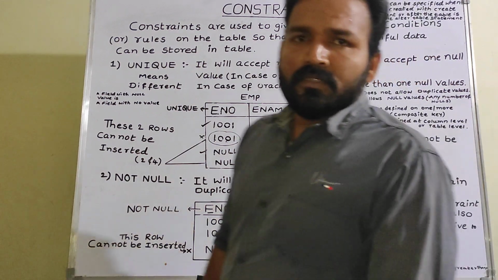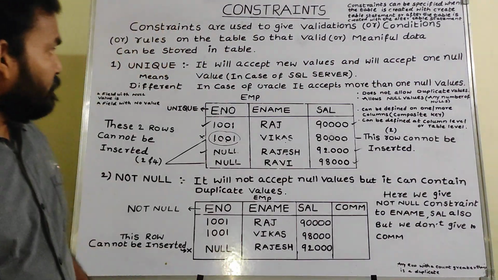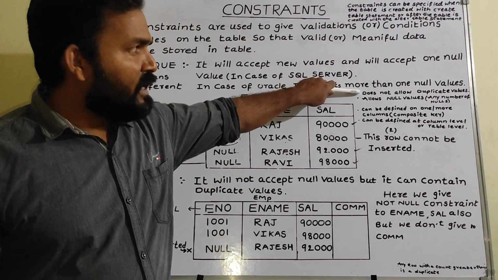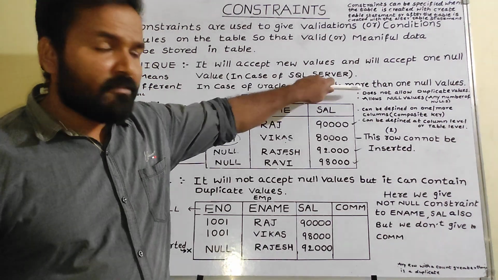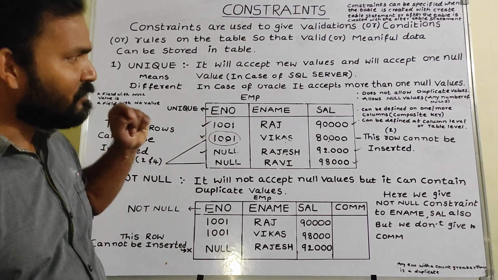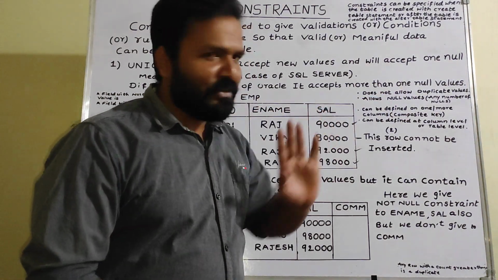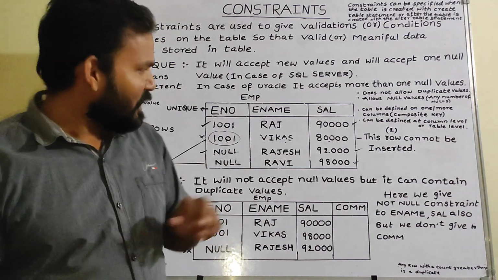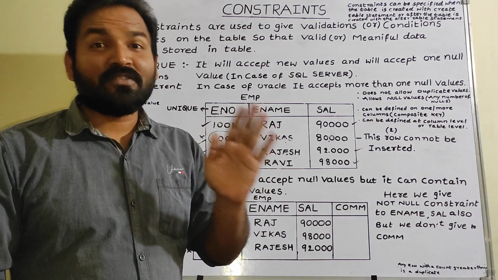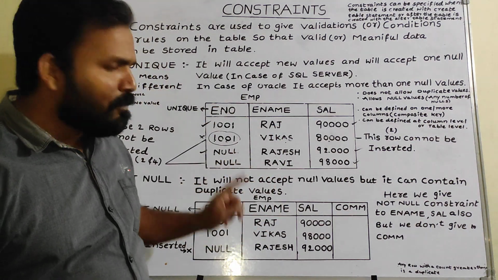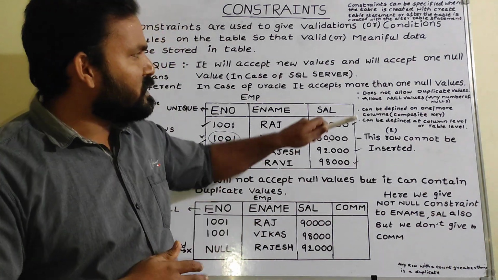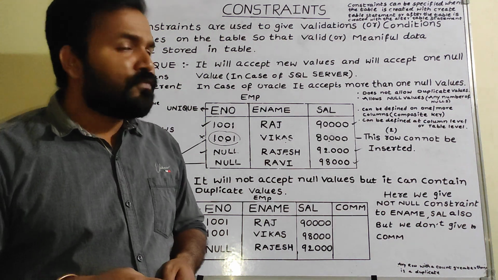The unique constraint does not allow duplicate values, but it allows null values. In case of Oracle, it allows any number of nulls.